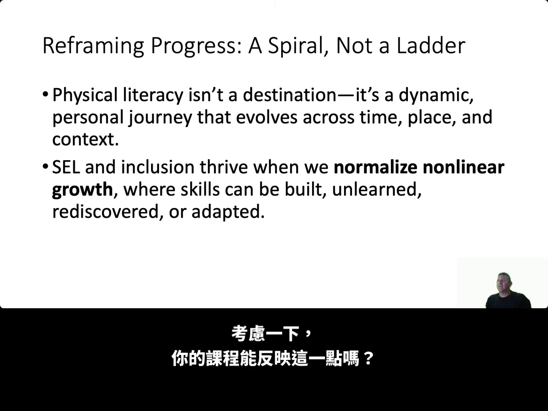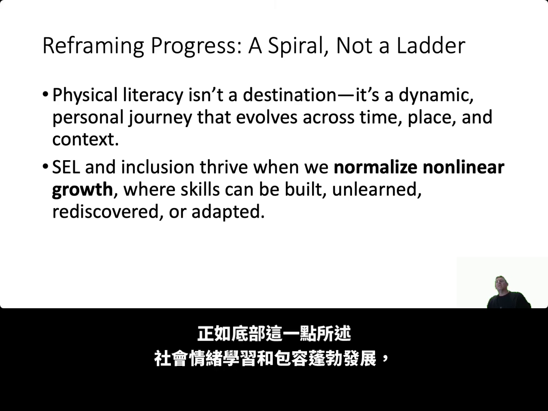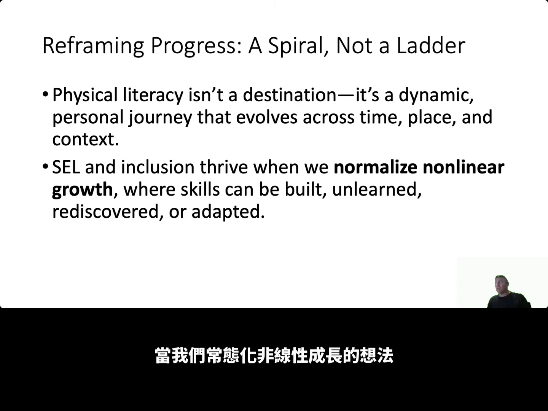Just in terms of consideration, how can your programs reflect that? Do your assessments or expectations allow for things like reentry, adaptation, or individualized programming? Just like the bottom point says, social and emotional learning and inclusion thrive when we normalize the idea of nonlinear growth.